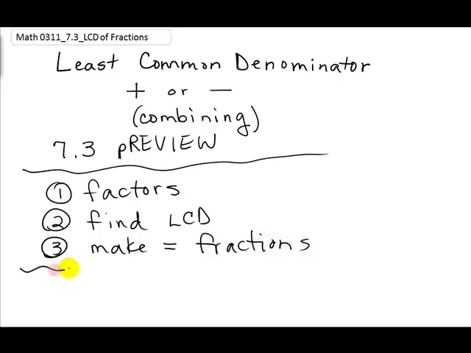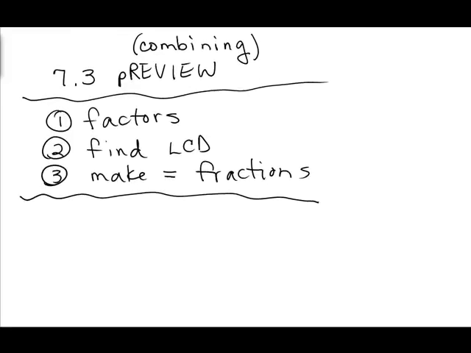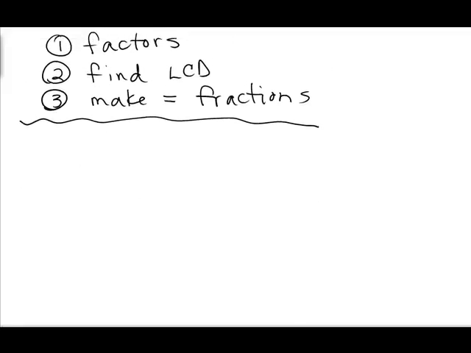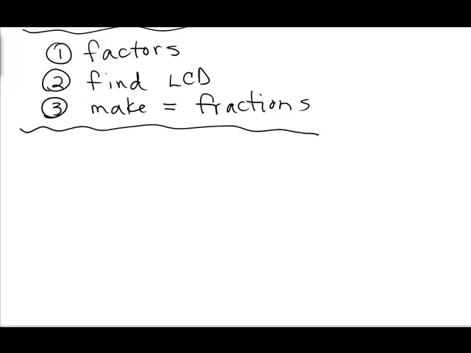So I'm going to use just regular old fractions to do this before we get into using our rational expressions, which are quite a bit confusing. Let me find a problem for us to work on.